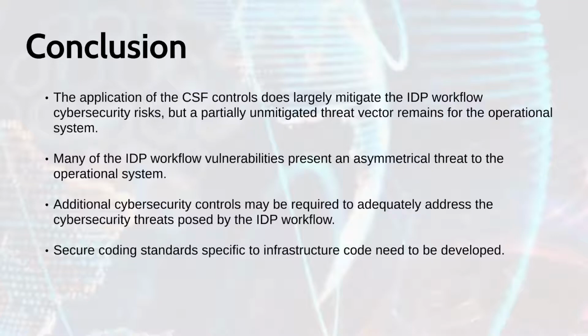The CSF and NIST SP 800-53 controls must be evaluated specifically for each IDP workflow, and the operational system. Additional cybersecurity controls may be required to adequately address the cybersecurity threats posed by the IDP workflow. These include additional separation of duties and least privilege access controls. Secure coding standards specific to the infrastructure code need to be developed.